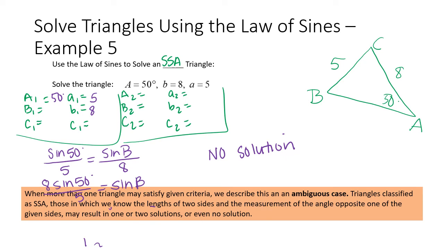Whenever you get an ASS triangle, because it's a pain in the ASS, you're going to have either 1, 2, or no solutions. So once I got undefined, I can say no solution, which is kind of nice because then you're done.